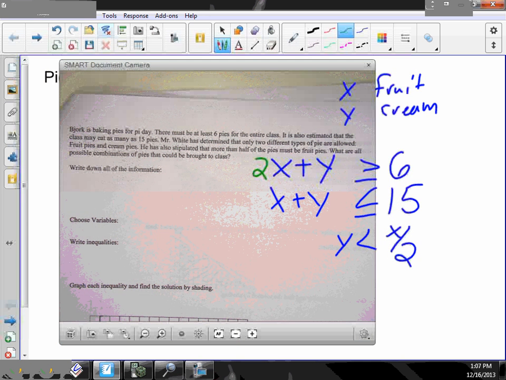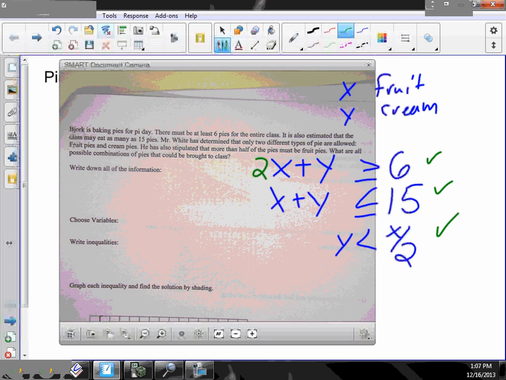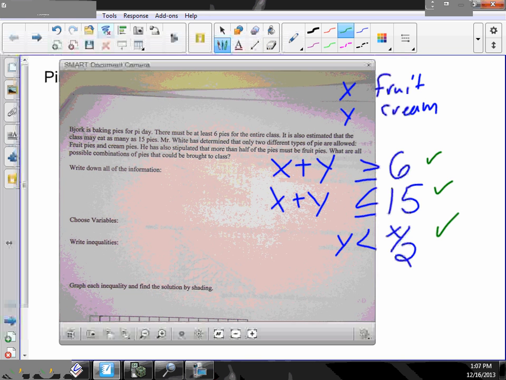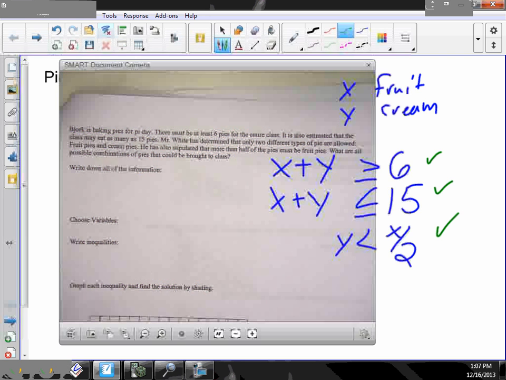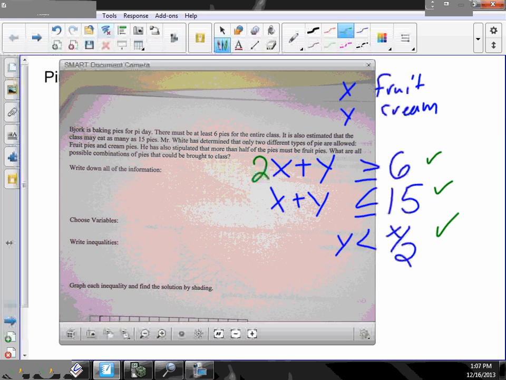Well, we have to have 3 separate stipulations. The first one is greater than 6. So we just want to know the x pies plus the y pies is greater than or equal to 6. We also know that that same equation is less than or equal to 15. But if you put that 2 in here, you're making an assumption that's untrue.